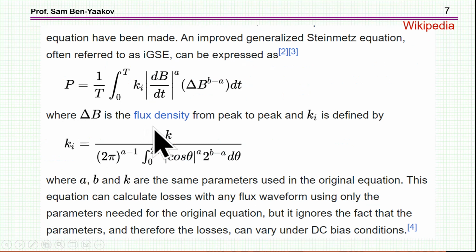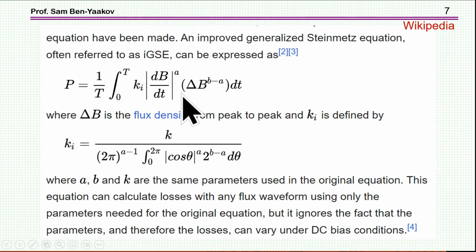There is an improvement to the Steinmetz equation, the so-called generalized Steinmetz equation. Actually, there's an improved generalized Steinmetz equation, the iGSE, which has a slightly different form. It has here the derivative of the magnetic flux density, and it was shown that this template fits better the cases in which the excitation is not sinusoidal.